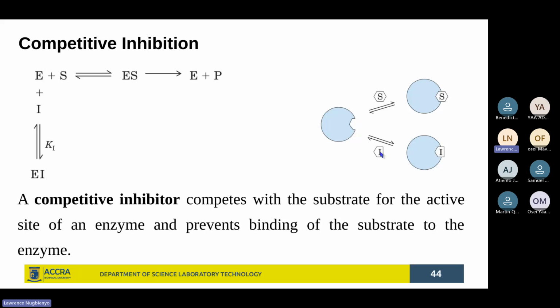And this inhibitor, when it binds to the active center of the enzyme, forms an enzyme inhibitor complex. Because it is an inhibitor and not the substrate, it cannot proceed to the transition state and form a product. Once the inhibitor binds to the active site, the enzyme is blocked from interacting with the substrate.